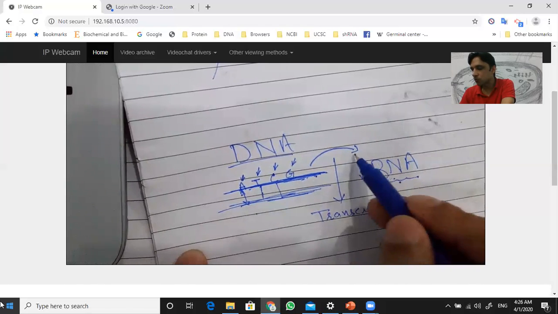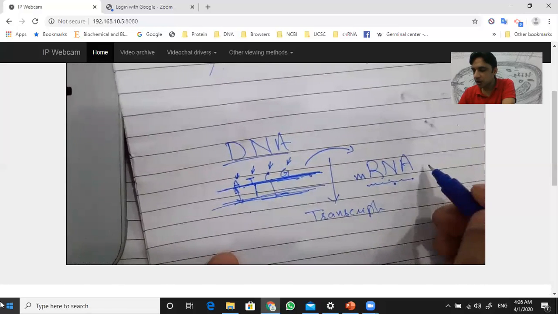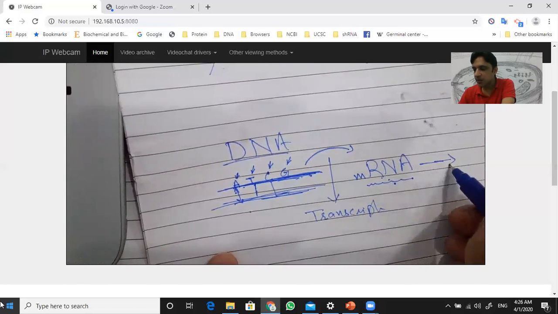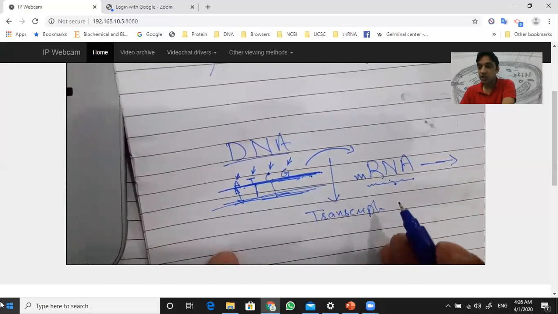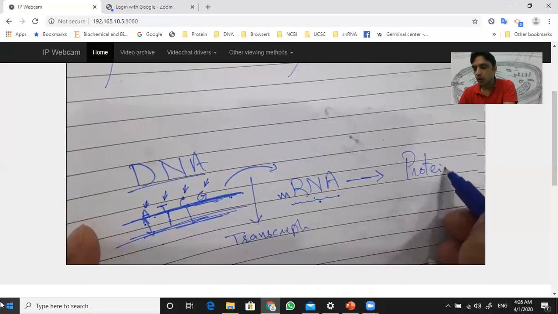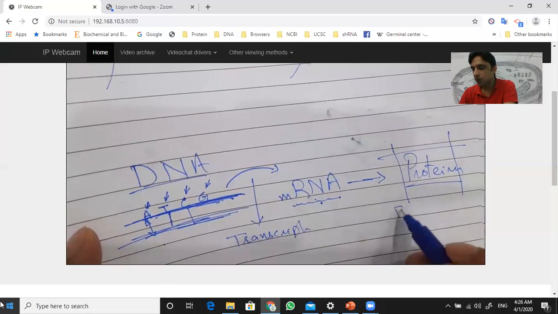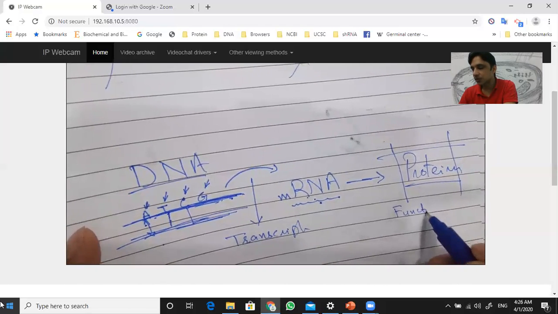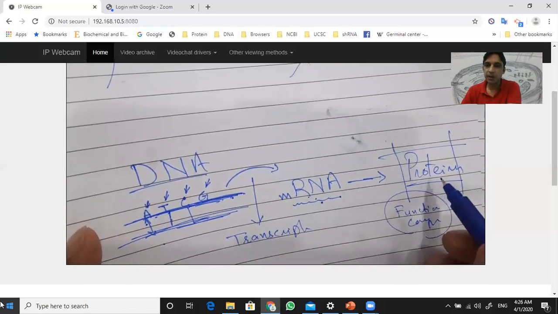Each messenger RNA is then translated with the help of translational machinery to produce the proteins. The proteins are the functional components present within the cell. So one protein means one particular function.